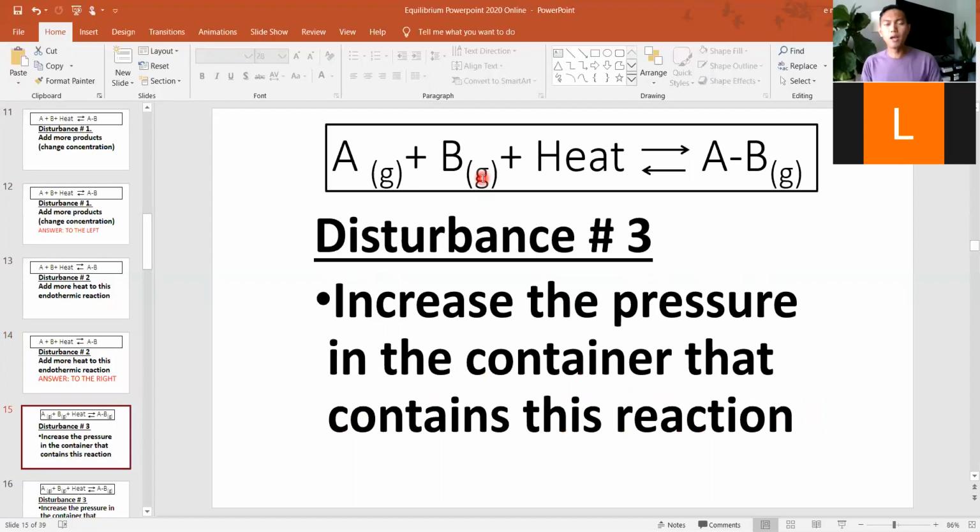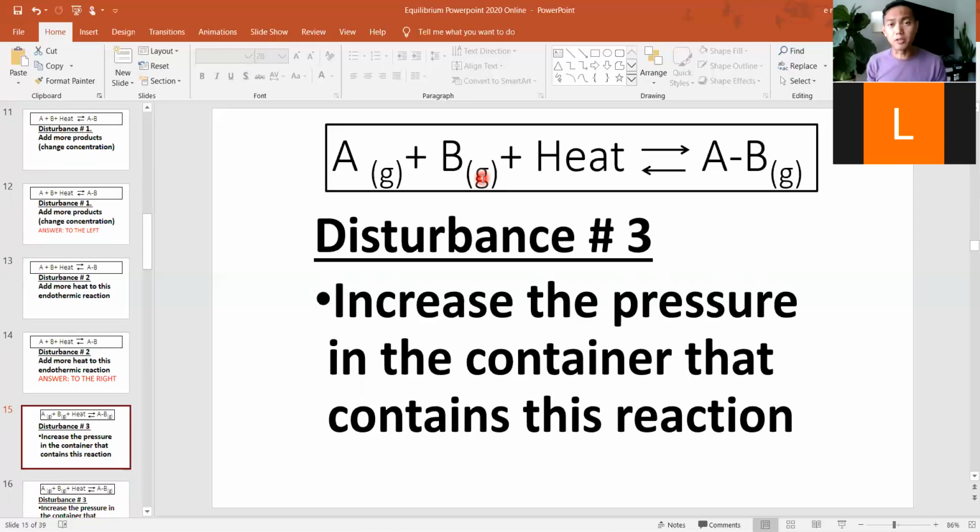Scenario number 3. What if we increase the pressure in the container that contains this reaction? Every time there's a pressure or volume scenario for Le Chatelier's principle, it's best to picture a container that's, let's say, this big. If I increase the pressure, one way I can go about that is by making the container smaller. So imagine starting from a bigger container to a smaller container.